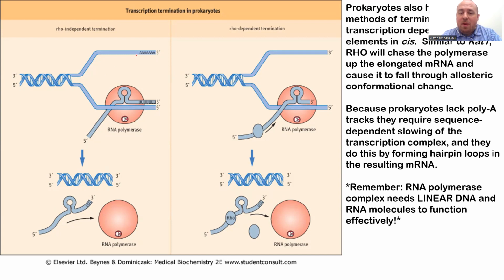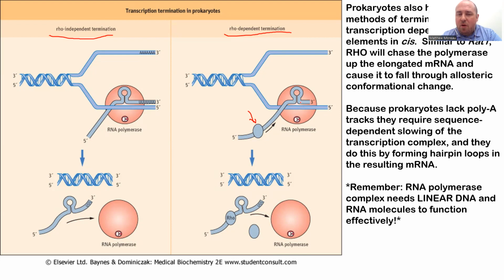And this is highly dependent on whether it is a rho factor independent method of termination or rho dependent method of termination. So what is rho? Rho is a termination factor. It's a small protein that basically guides along the mRNA and moves along in search of a rho-dependent termination sequence.